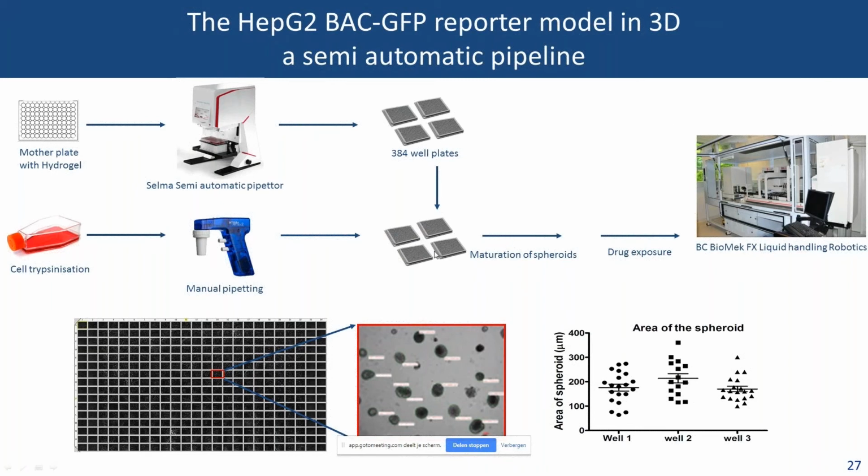And by doing so, we were actually able to really reduce variation, and that's what you can see over here. So we have the 384 well plate, and you can see all these small spheroids over here, and there is some variation in spheroid size, but it's quite reasonable. And also with segmentation, we can, for example, discard this smaller spheroid.